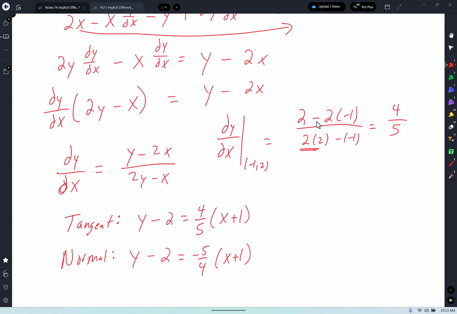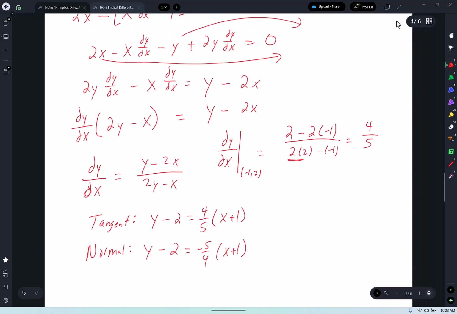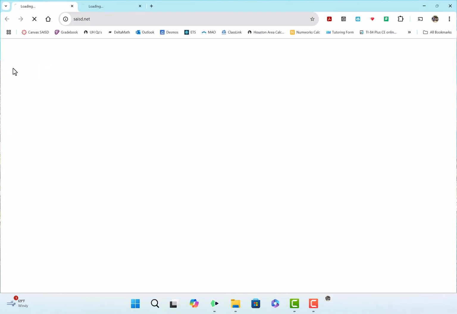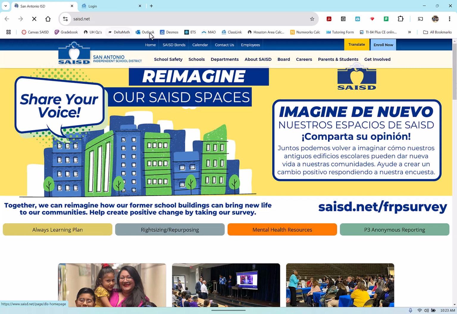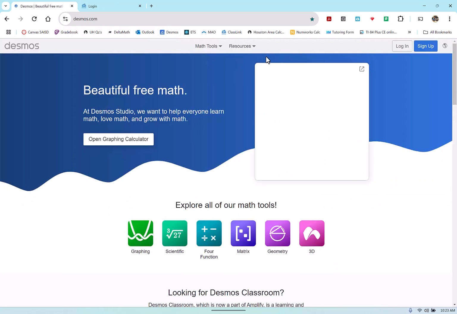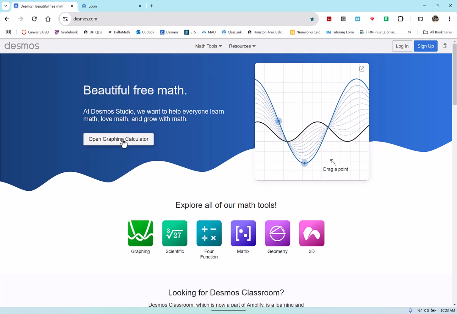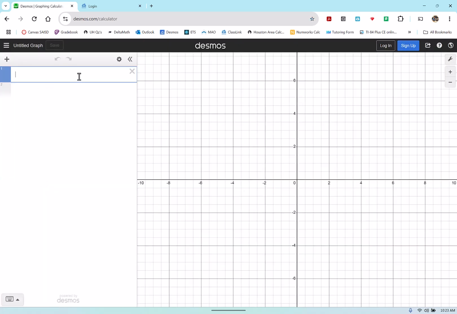Let's see. I actually want to see how this looks. I want to see this ellipse. So let's go to Desmos. Okay, give me the original equation, the expression. All right, guys.